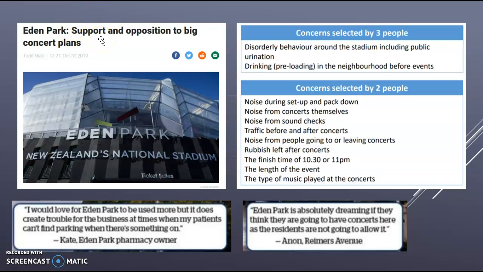It would bring in jobs and create a more vibrant Auckland, a more vibrant city. Other people don't want it to happen because if you have a read through over here, there are lots of negative externalities that they think would happen if concerts were allowed.